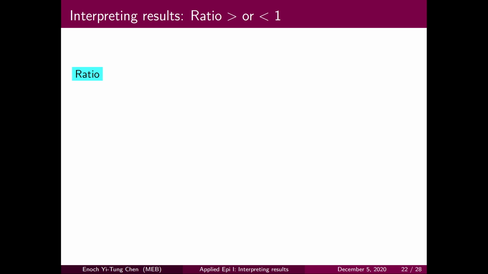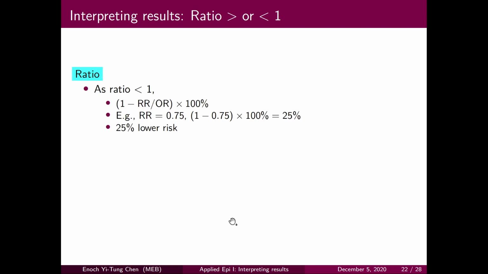Another small tip on interpreting a ratio: if the ratio is less than 1, you do 1 minus the ratio times 100%. For example, for this ratio 0.75, that would be 1 minus 0.75 times 100%. That is 25%.